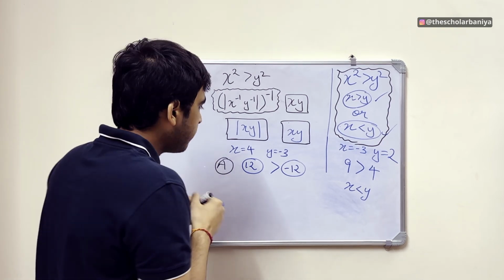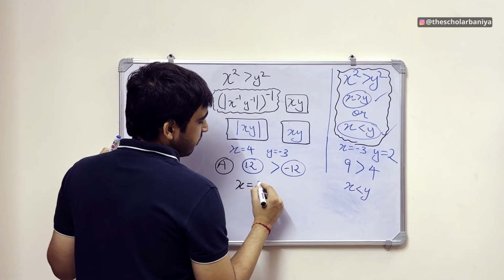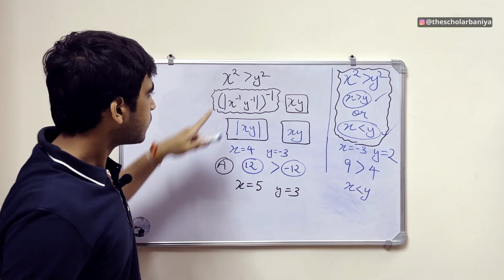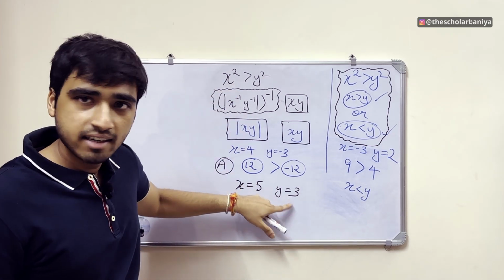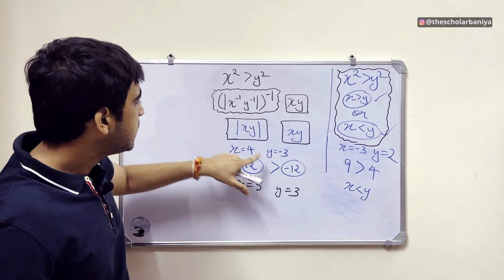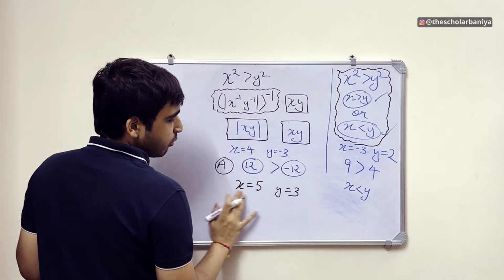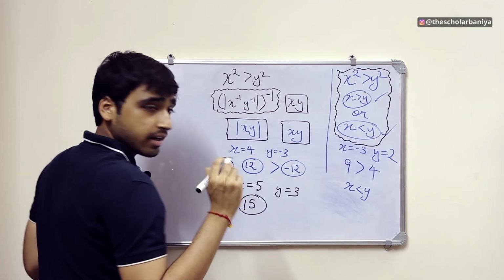So what if I take both the numbers positive? For example, if x is equal to 5 and y is equal to 3, right? So this condition is satisfied because 25 is greater than 9. Even in this case, 16 was greater than 9, it's satisfied, right? But now if you see mod of xy, so mod of xy is mod of 15, which is 15, right?